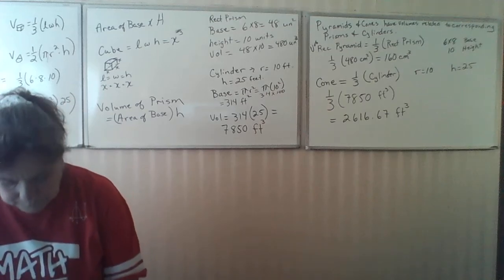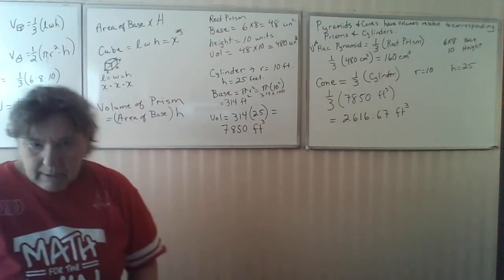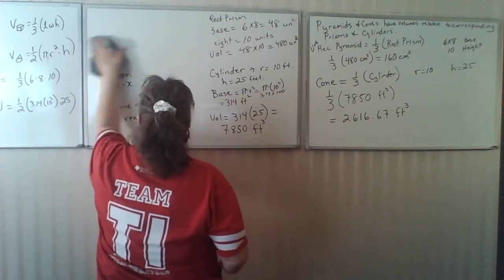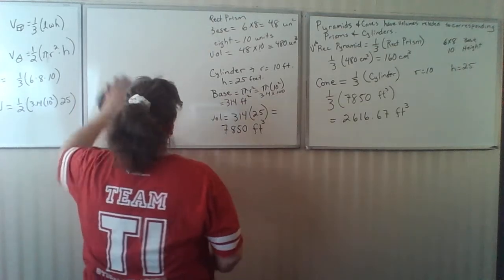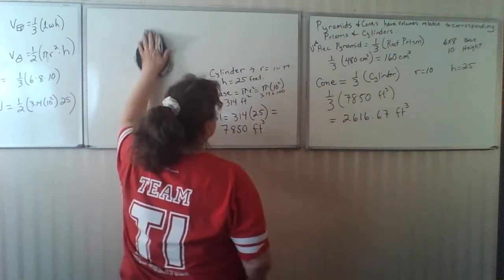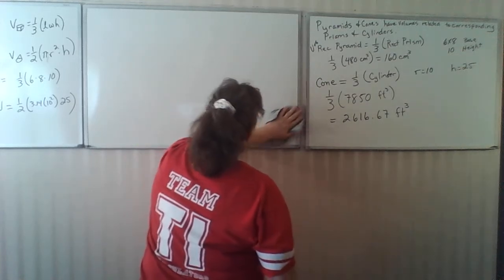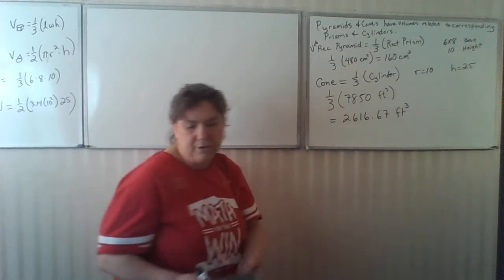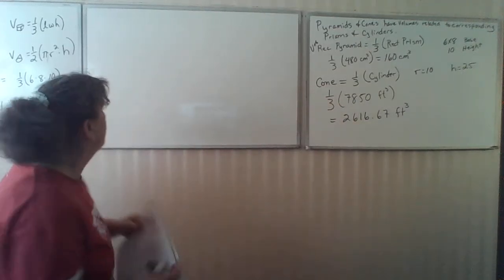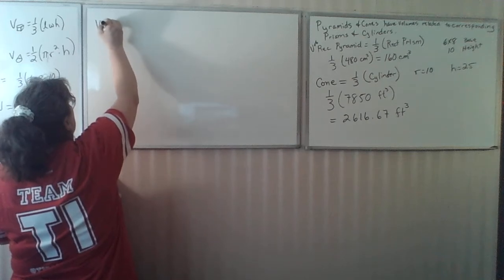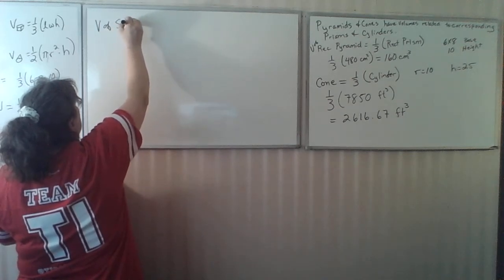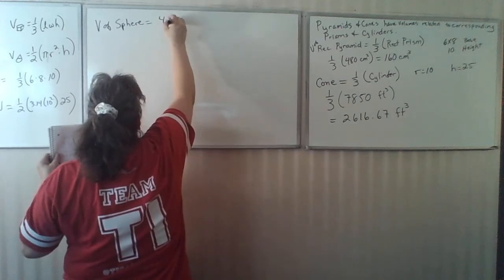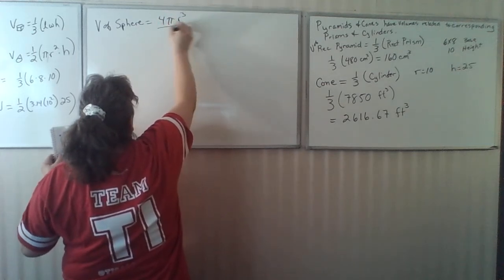So now, let's look at the volume of a sphere. Just like in the surface area of the sphere, these are formulas that you just really kind of have to learn. Okay? So the volume of a sphere is 4 pi r cubed over 3.